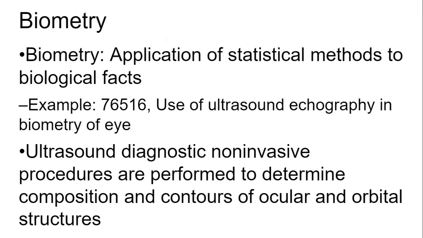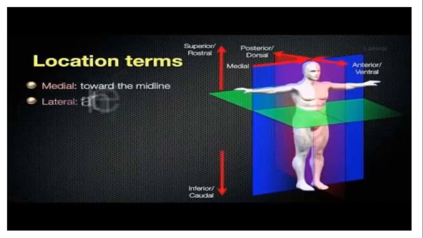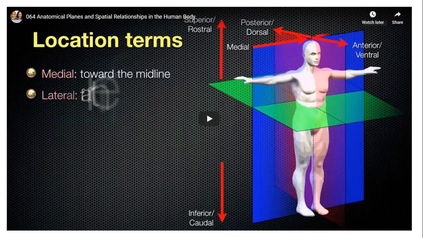For example, 76516, use of ultrasound echography and biometry of the eye. Ultrasound diagnostic is a non-invasive procedure performed to determine composition and contours of ocular and orbital structures. Again, that's just a little bit of what each one of those say. We're still on page 588, and we're going to be talking about the planes of the body.